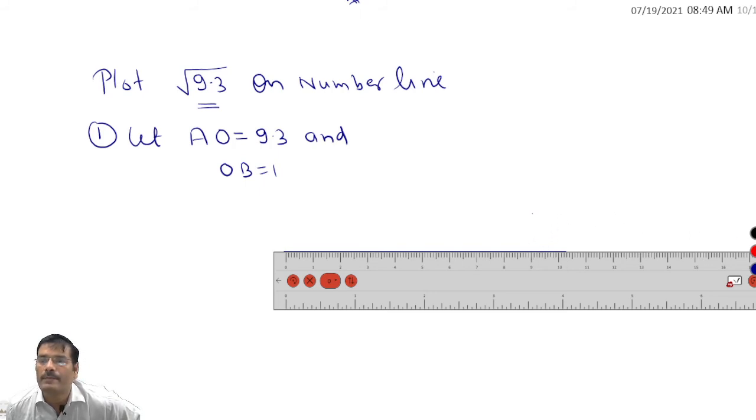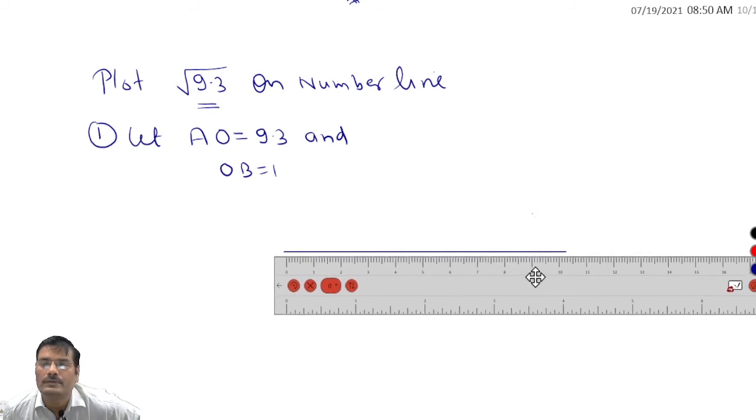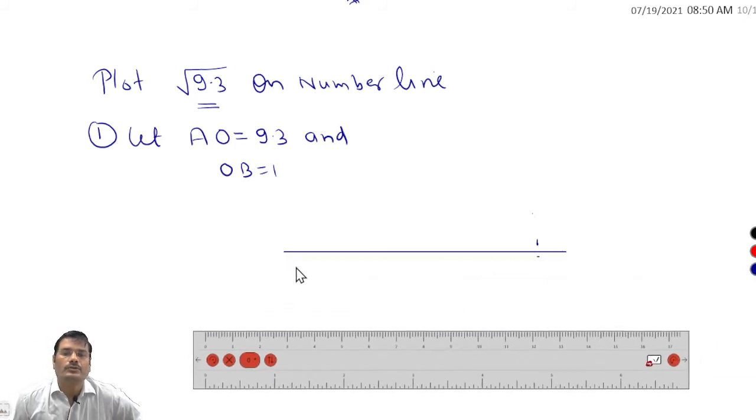Here is 9.3, and we have to make a point for 9.3. Let us suppose that this is O, and this is B. So this is the 9.3.